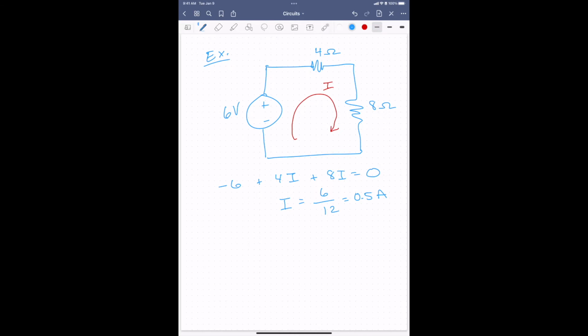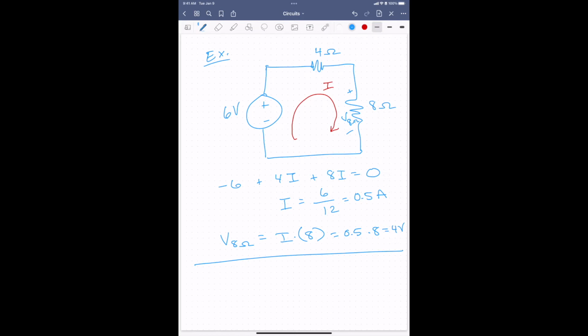And we can write the voltage across the 8 ohm resistor, I'll call it V8 ohms. By Ohm's law, V8 ohms is equal to I times the resistance, which in our case is 8 ohms. So it's 1/2 times 8, which is equal to 4 volts.